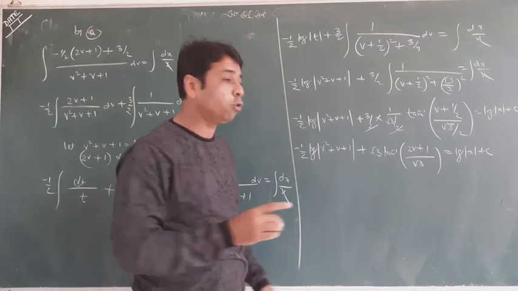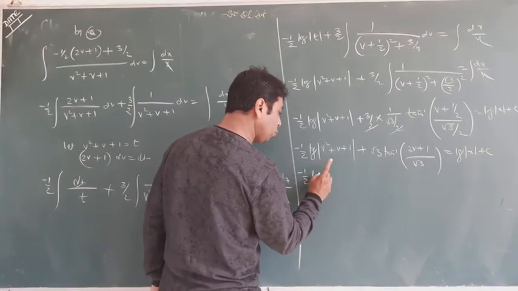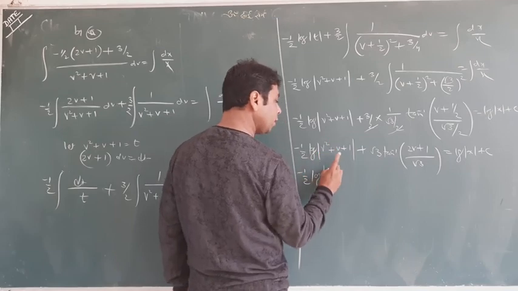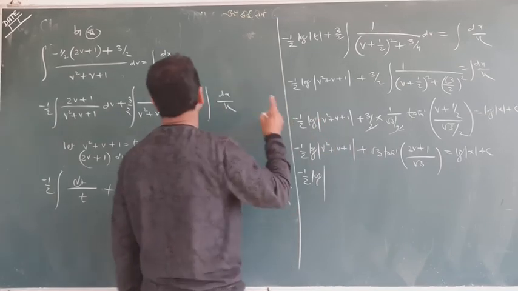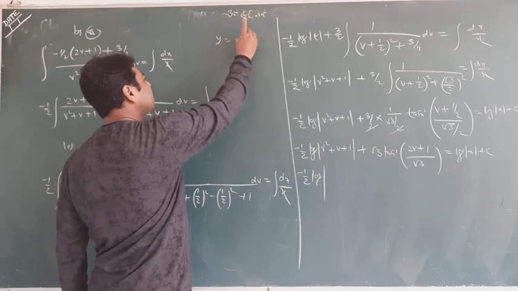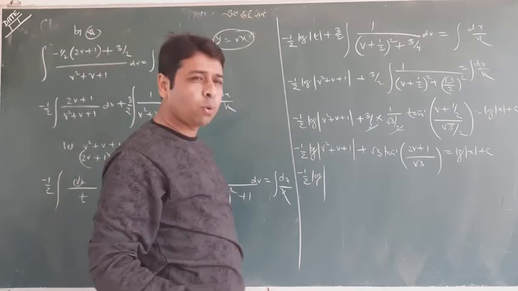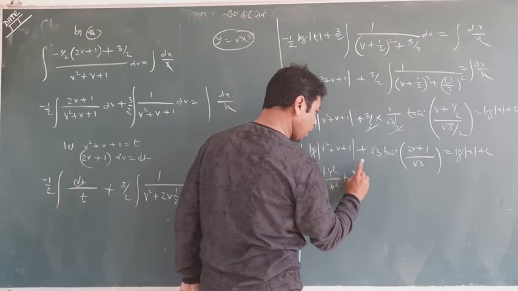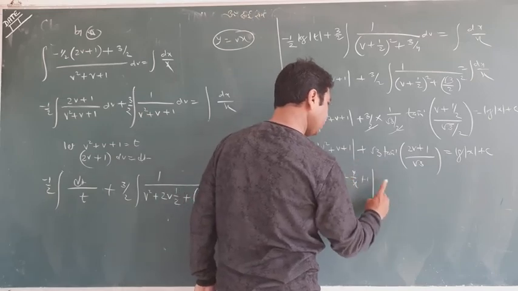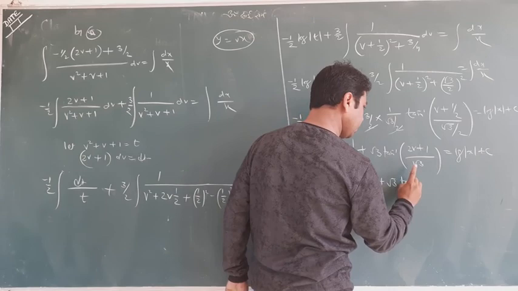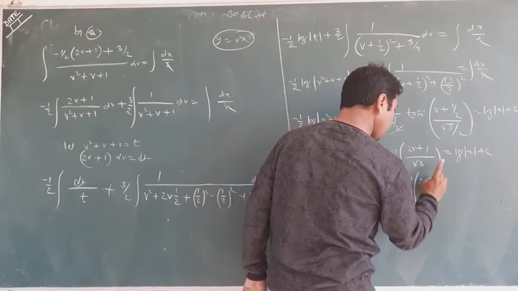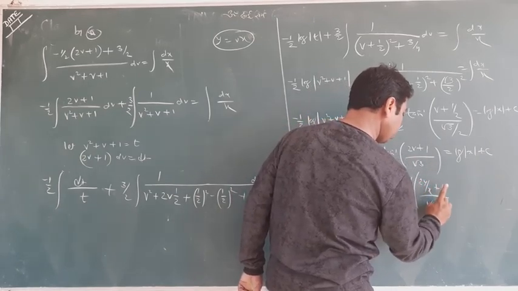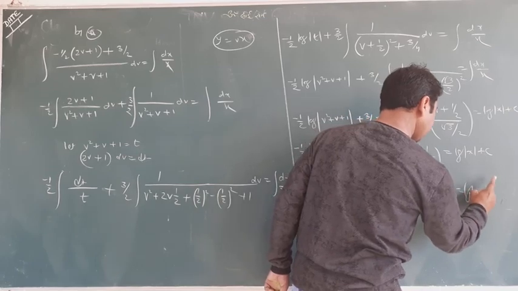Initially I took y equal to vx, so y by x equals v. So we put here minus 1 by 2 log of y square upon x square plus y by x plus 1, plus root 3 tan inverse of 2y by x plus 1 by root 3, equal to log x plus c.